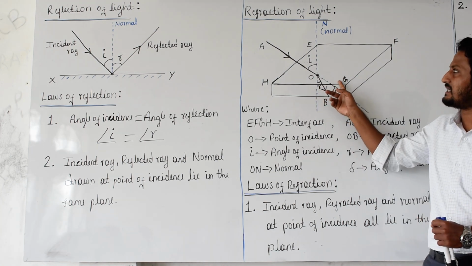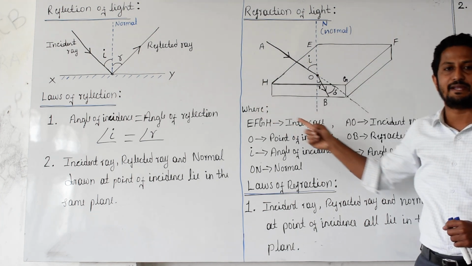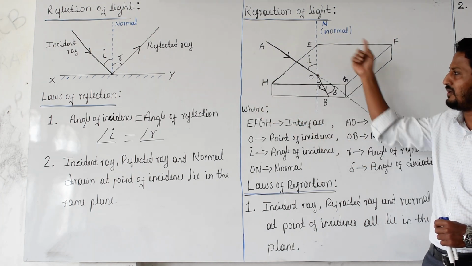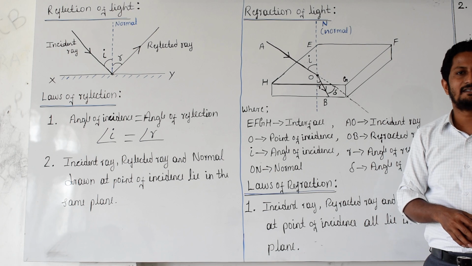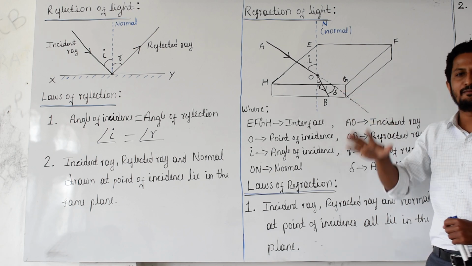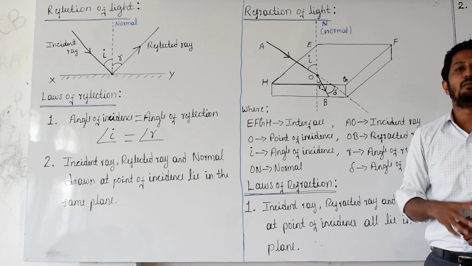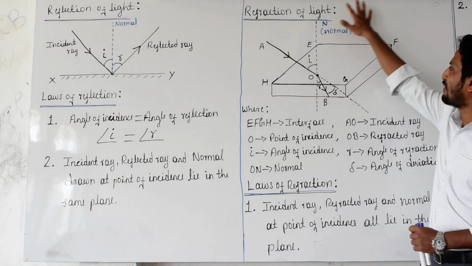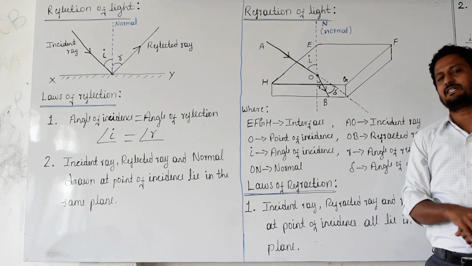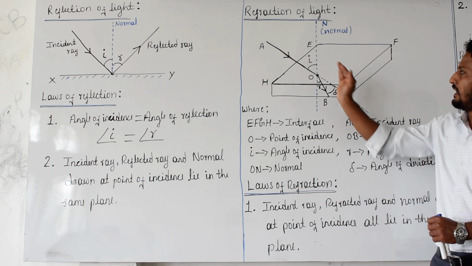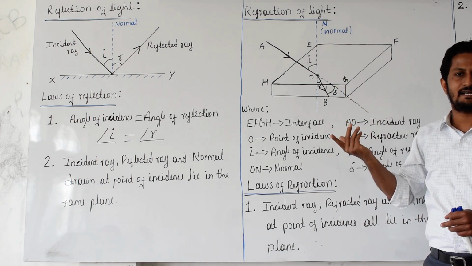Around this glass slab there is air medium. In all directions air is there. Homogeneous means that the medium has the same concentration of molecules everywhere. Everywhere around that glass slab, homogeneous medium is there. Above the glass slab air is there.